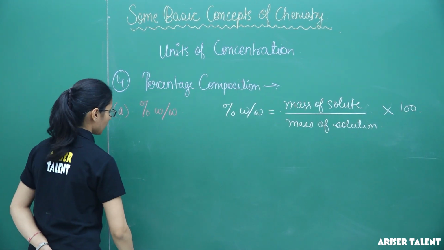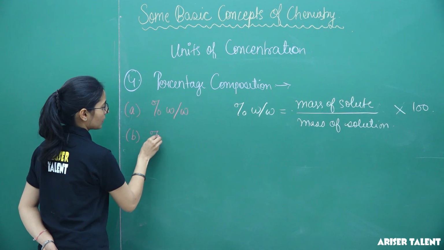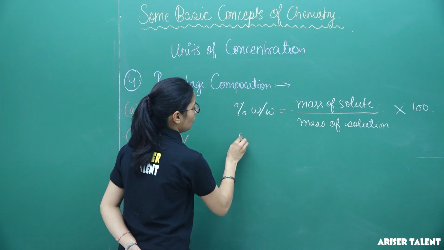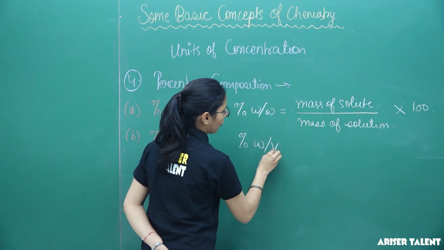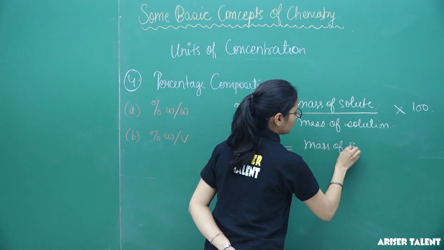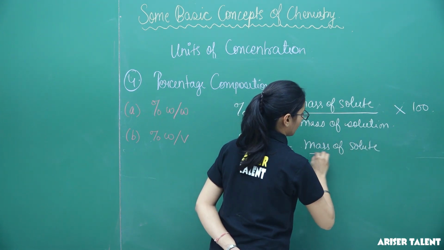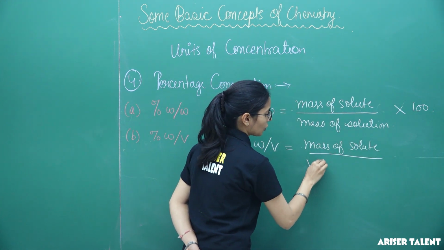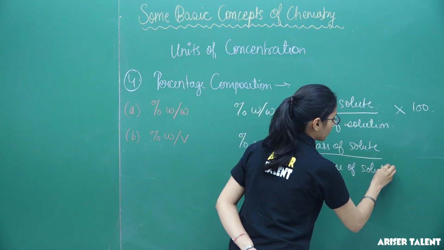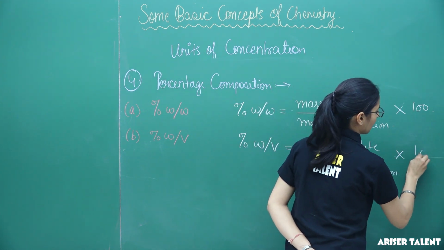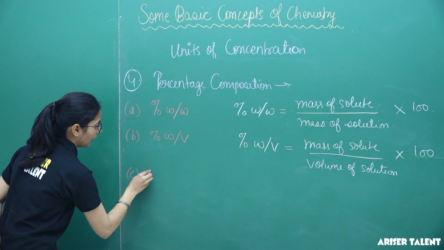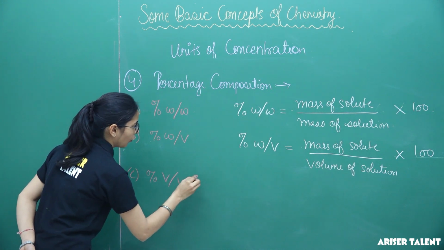Then we have the second formula, which is for percentage weight by volume. Percentage weight by volume will be equal to mass of solute present in volume of solution into 100, and the third one we have is the volume by volume.